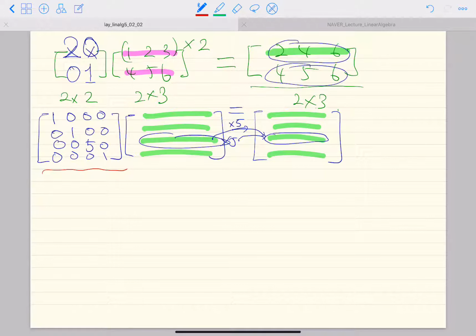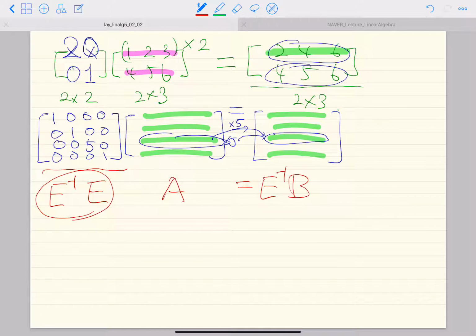So from here, let's think of E times A as B. If E is an invertible matrix, let's multiply E inverse on this side.